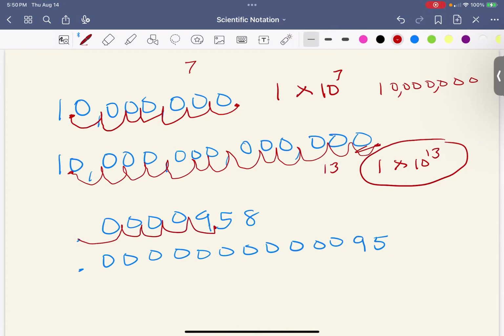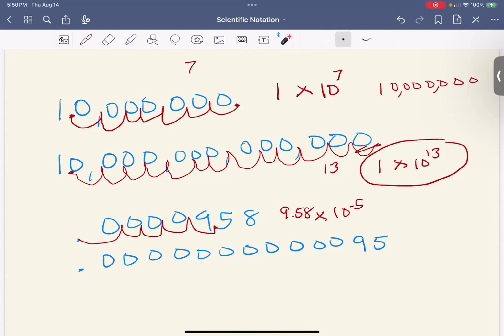So I move the decimal 5 spaces. So the exponent is going to be negative because this number is smaller than 1. So the answer is going to be 9.58 times 10 to the negative 5.